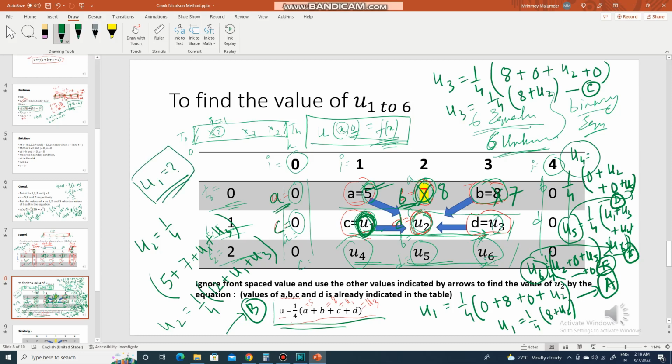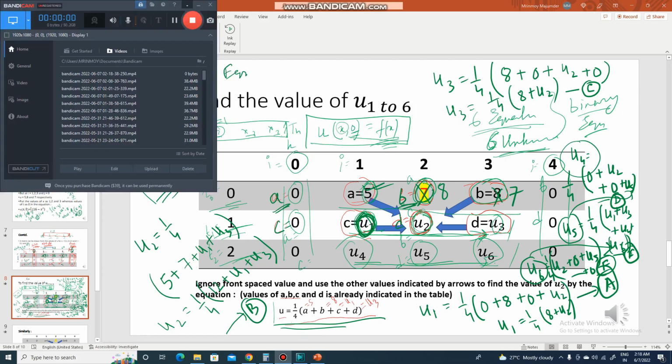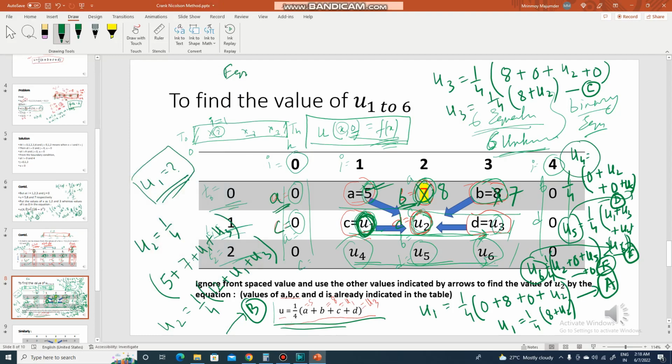What I want to say is, from equation A to F there are 6 equations and you have 6 unknowns.